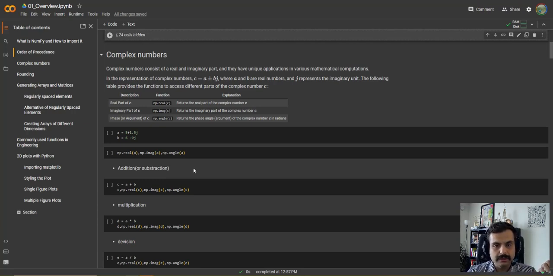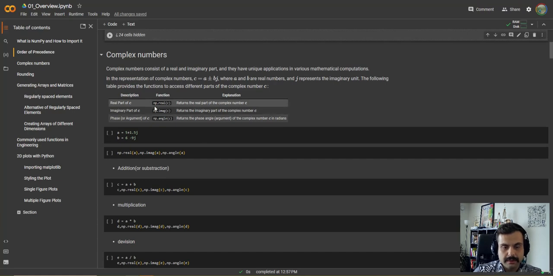I'm not going to go deep into the math part of it, but the way that we show them in Python is C stands for complex, A is the real part, B is the imaginary part, and J is the imaginary unit, which, the easiest way of defining it, is equal to the square root of -1, if you would accept that from me.